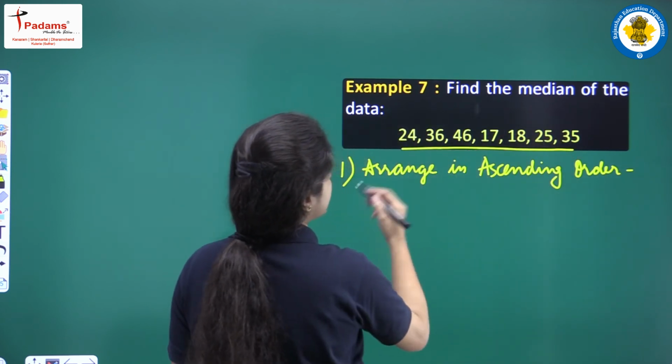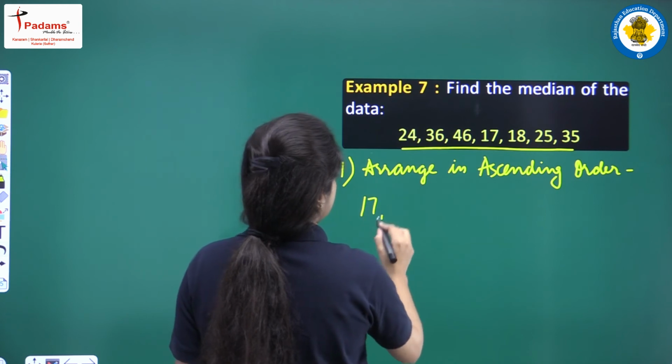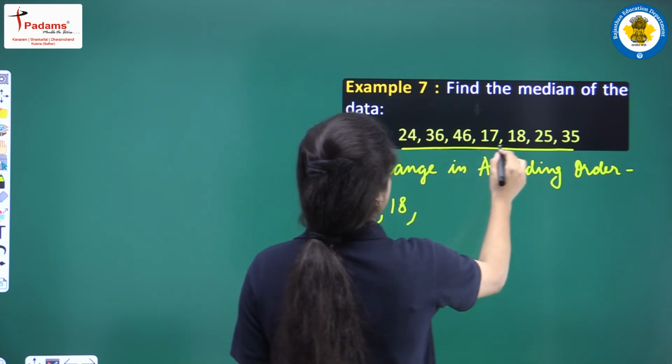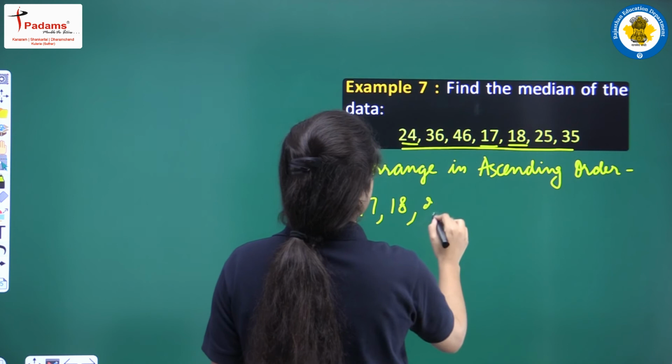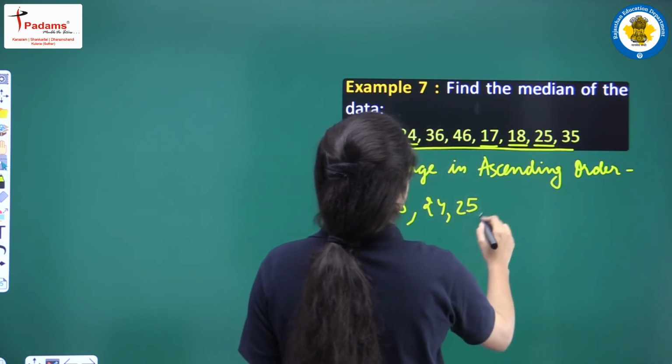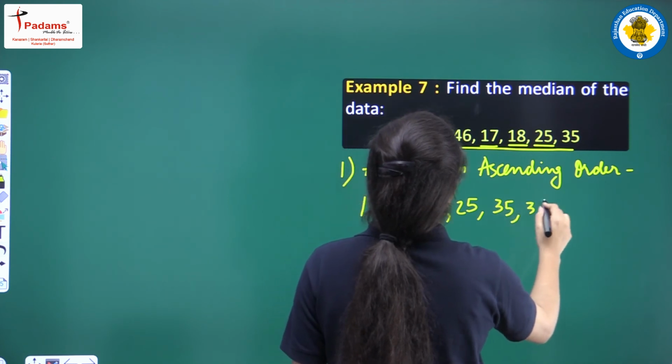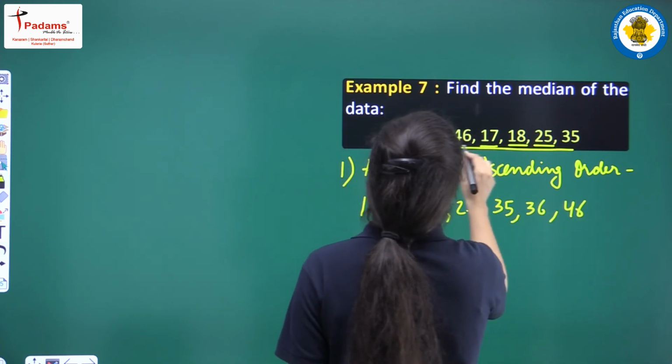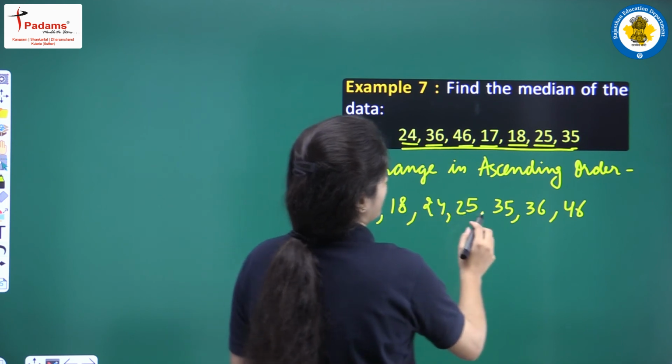So starting with the least value, that is 17, then 18 students. After 17, 18, it comes 24, then 25, then 35, then 36, then 46, okay students? So 1, 2, 3, 4, 5, 6, 7.